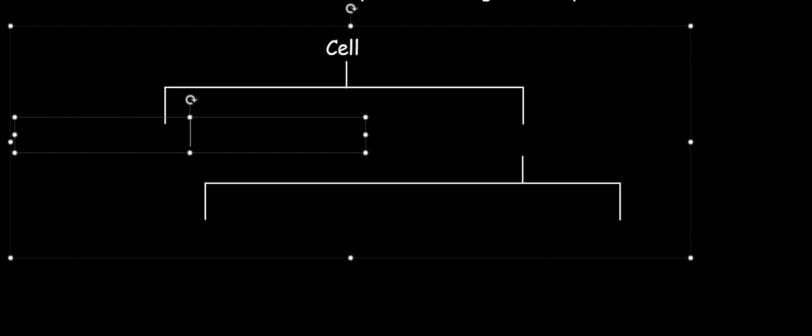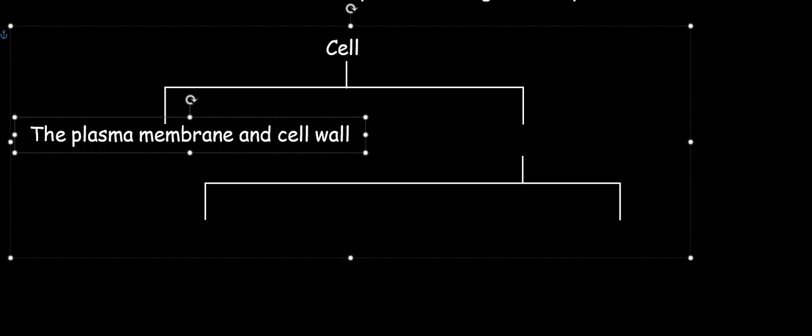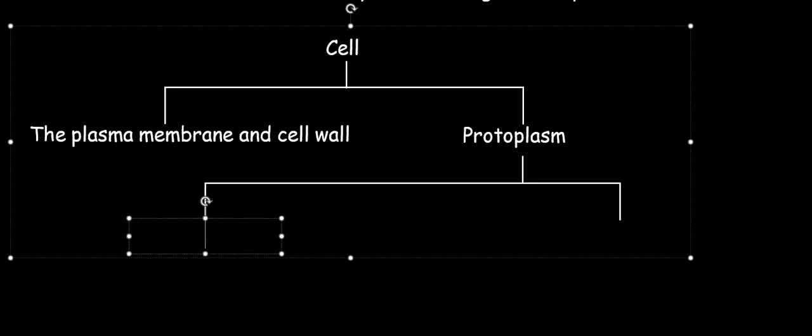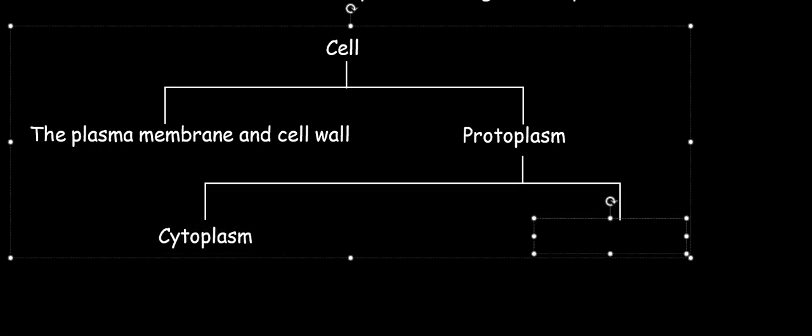Like I have said earlier, the plasma membrane and cell wall, and the protoplasm. The protoplasm is further subdivided into the cytoplasm and the nucleus.